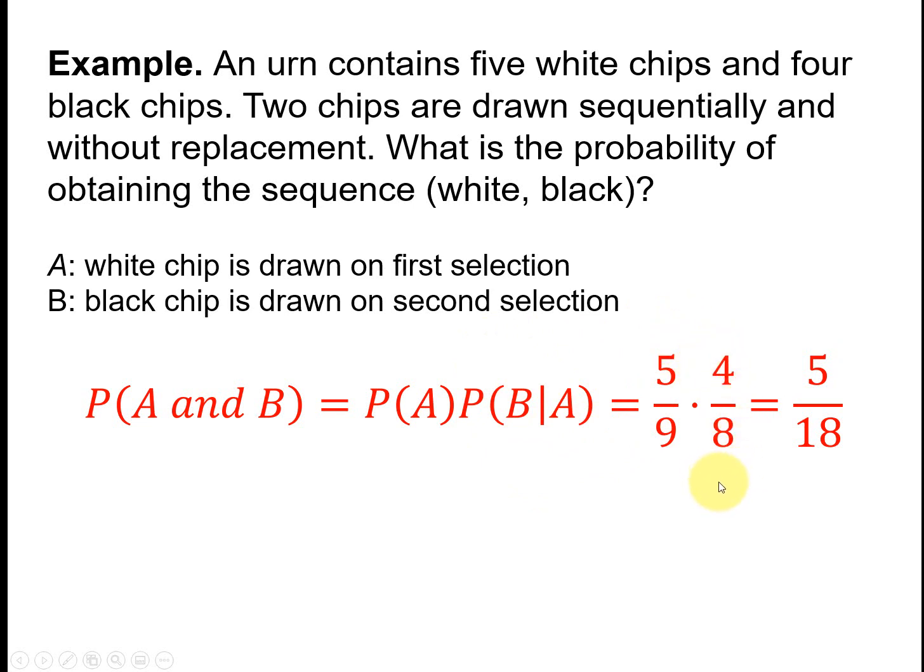Since there's 8 left, and there's only 4 white chips because we selected a white chip on the first try. That's where we get this 4/8 from. Multiply these numbers and it simplifies to 5/18.